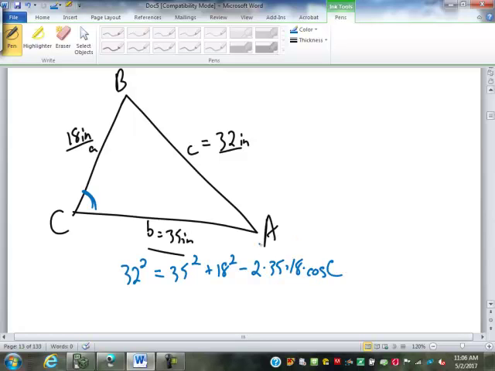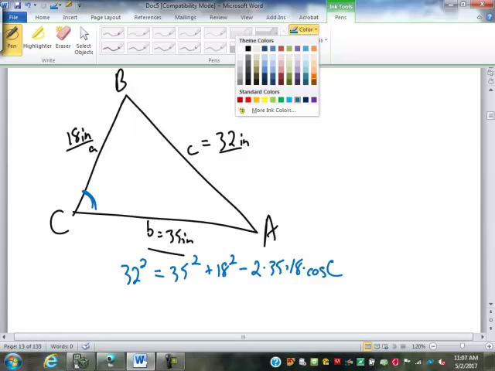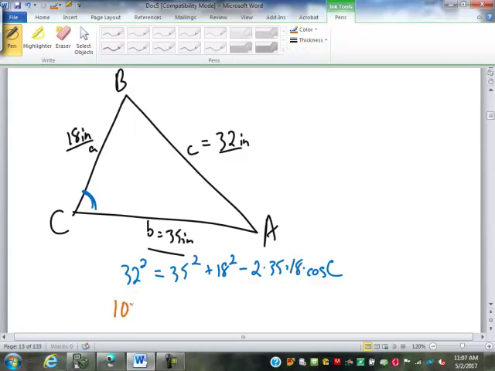So we fill in everything else according to our formula. 32 squared is 1,024, right? 35 squared should be 1,225. 18 squared is 324.